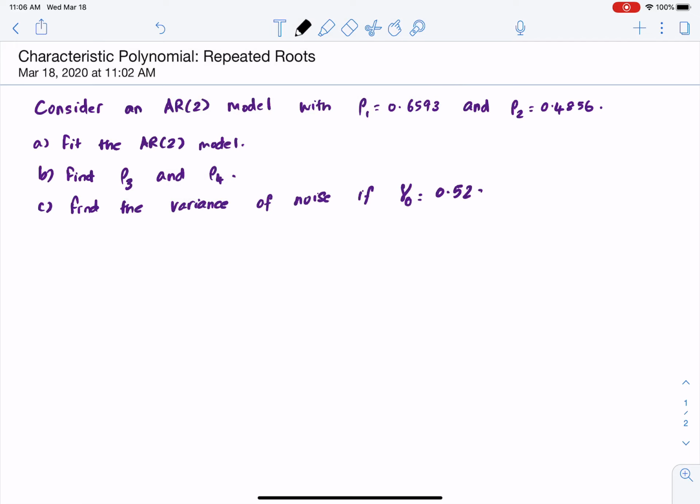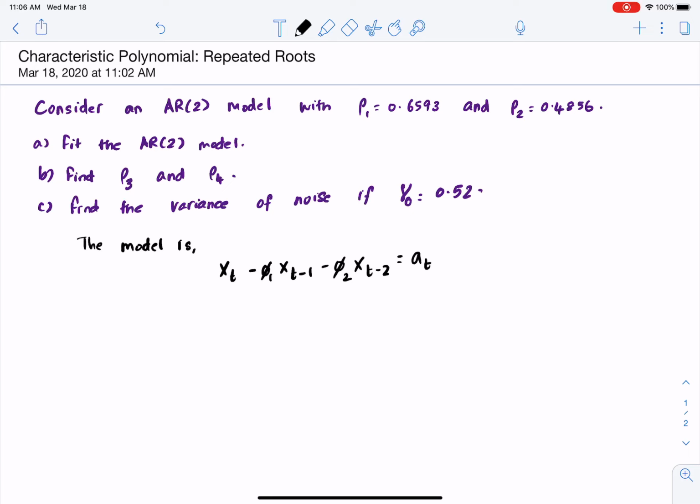So we start with the Yule-Walker equations because we are trying to find the coefficients. The model is xt minus phi1 xt minus 1 minus phi2 xt minus 2.